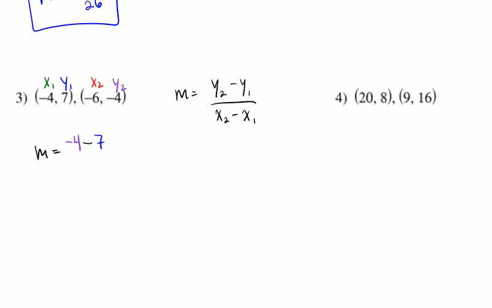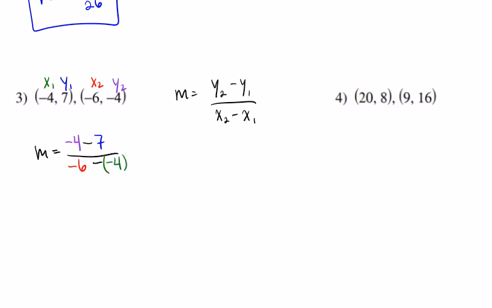Got that from here, all over. And on the bottom, we're going to put x2, which is -6 minus, remember the minus on top and bottom are built in, and then our x1 is -4. So it's going to be minus -4.